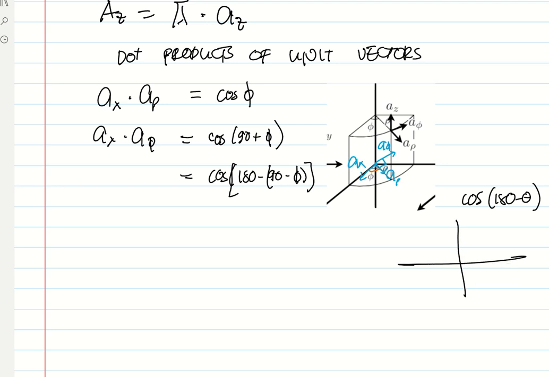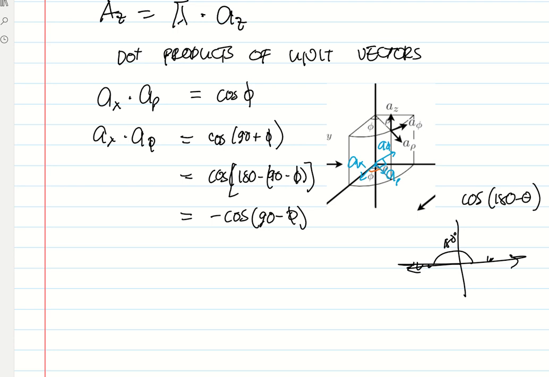If this is theta, then 180 minus theta should be somewhere here, because this is 180 degrees. This means they are in opposite directions, so it's just the negative. This is equal to the negative of the cosine of that angle, which is 90 minus phi, our theta here.